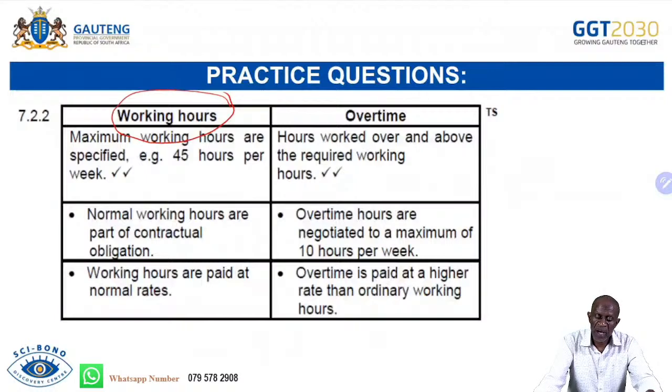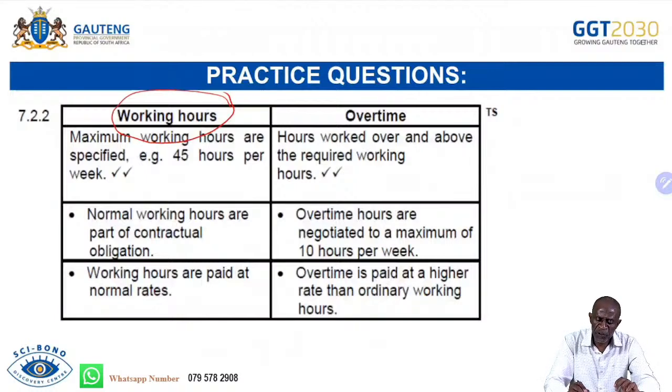So meaning over and above normal working hours and overtime, you can work as much as 55 hours. You cannot go beyond that. And that includes normal working hours and overtime. Working hours are paid at normal rates, whereas overtime is paid at a higher rate.